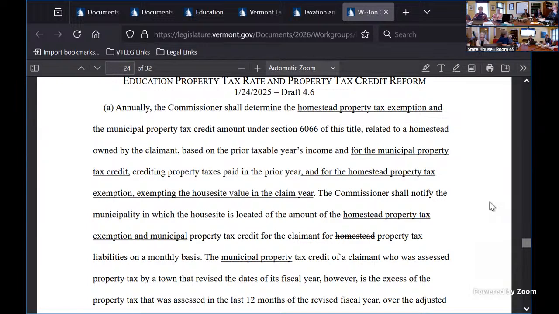The one thing I would call out here, and I'm sure that you guys talked through some of this with Jake from the Department of Tax. But as you know, under the existing system, there's this lag, right? You're applying a credit against your prior year property tax liability. Using this exemption, it's determined based on your income taxes for the last year, and it's using that house site value that you have available this year. So it's eliminating that lag, and that's part of what this language is saying.